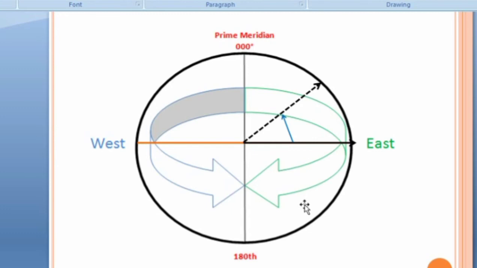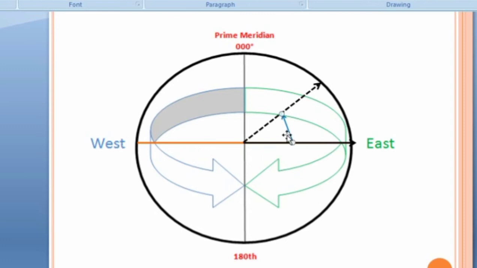So we have here the longitude of origin, or the longitude which we came from, and then we have the difference of longitude which is in the westerly direction. That's why we have the color blue here to coincide with the westerly direction.